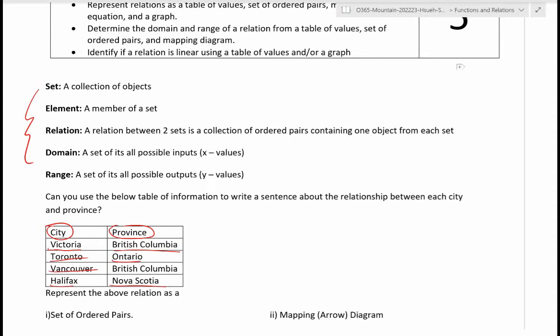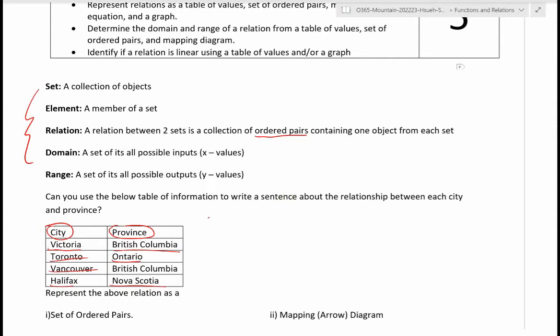A relation between two sets is a collection of ordered pairs, containing one object from each set. For example, Victoria, comma, BC would be an ordered pair. Here it says, can you use the below table information to write a sentence about the relationship between each city and the province?